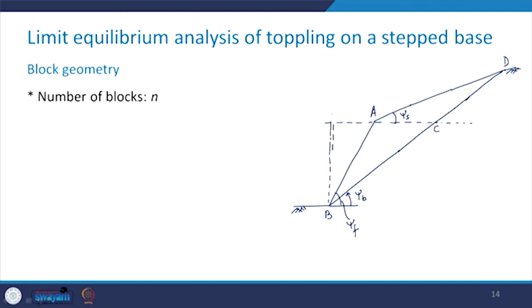So, this point here is the point E and this is your height H.